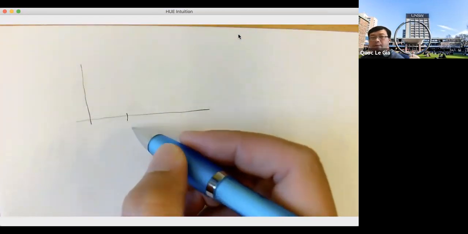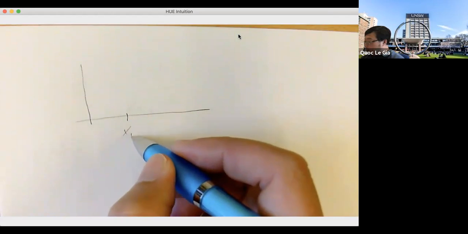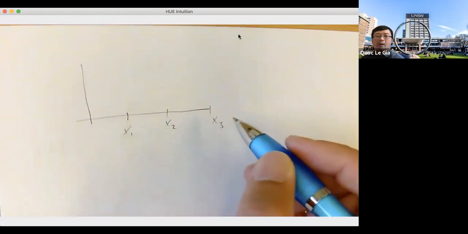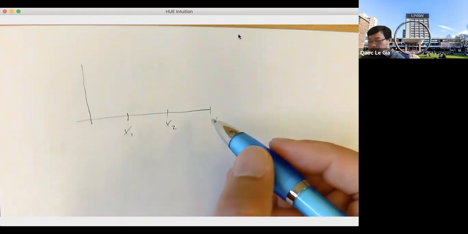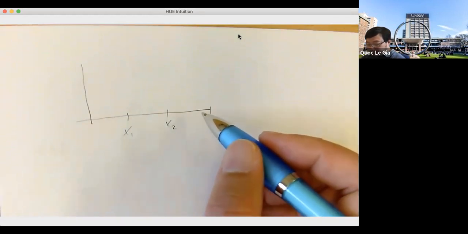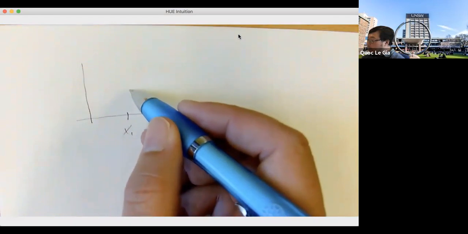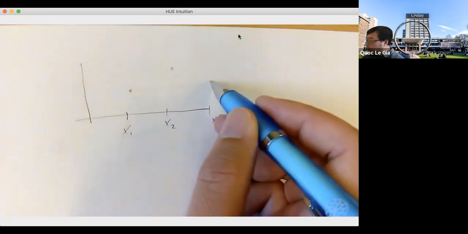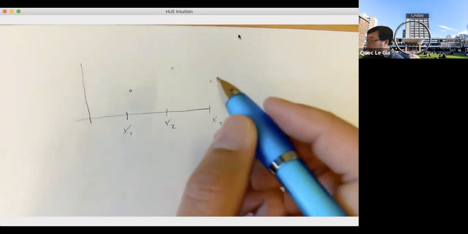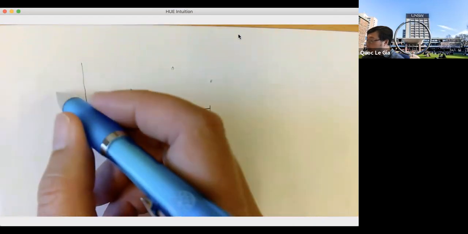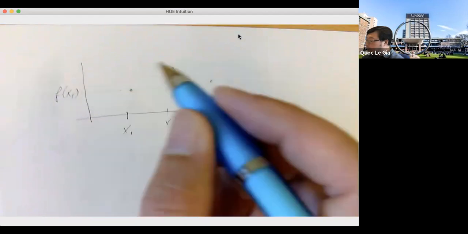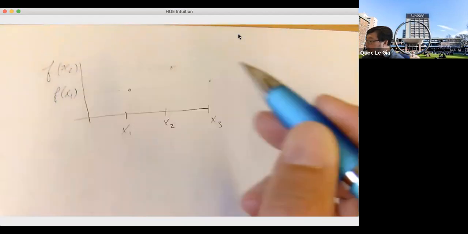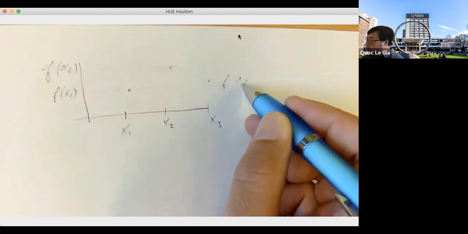Suppose you have x1, x2 and x3 here, three points, with values f(x1), f(x2) and f(x3).